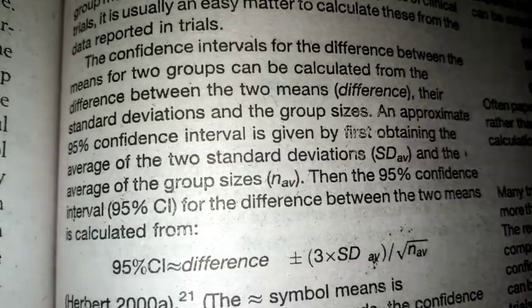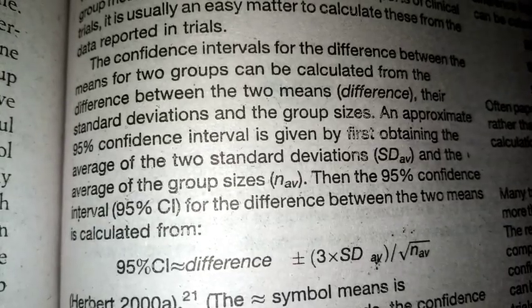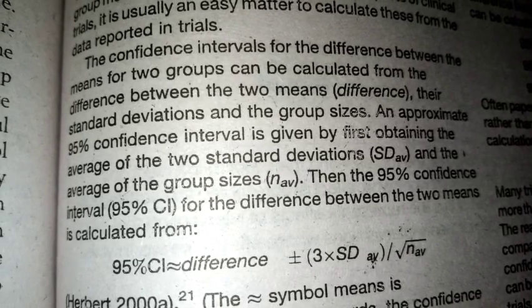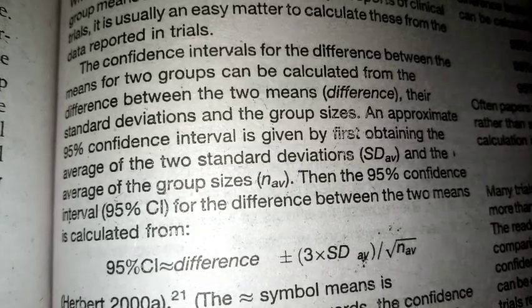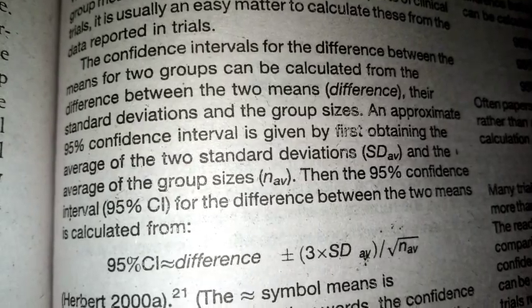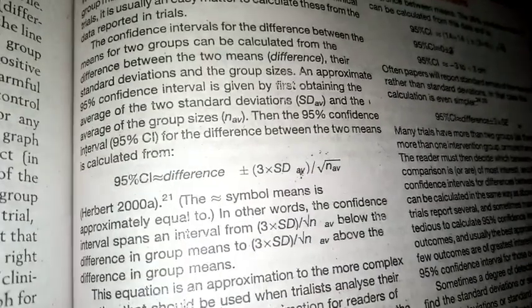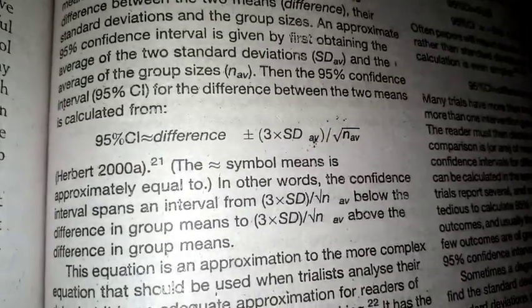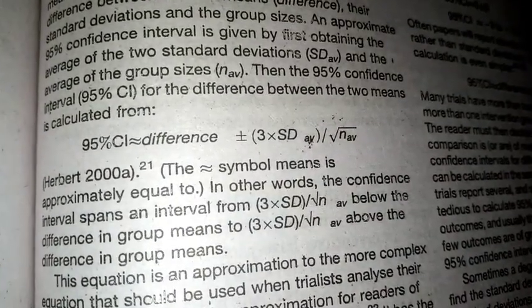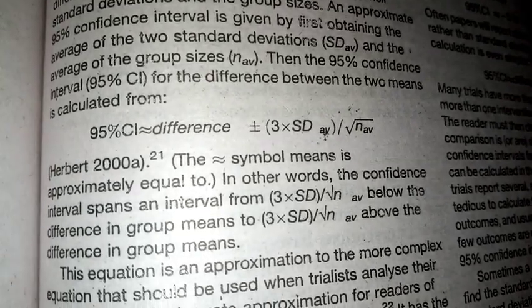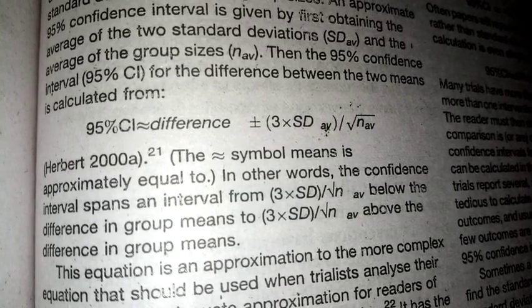Then the 95% confidence limits for the difference between the two means are calculated as: 95% CL = difference ± 3 × SDav / √Nav.